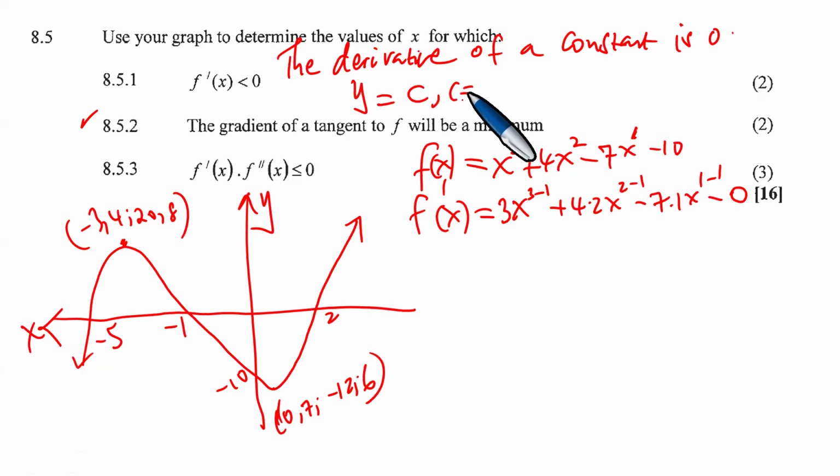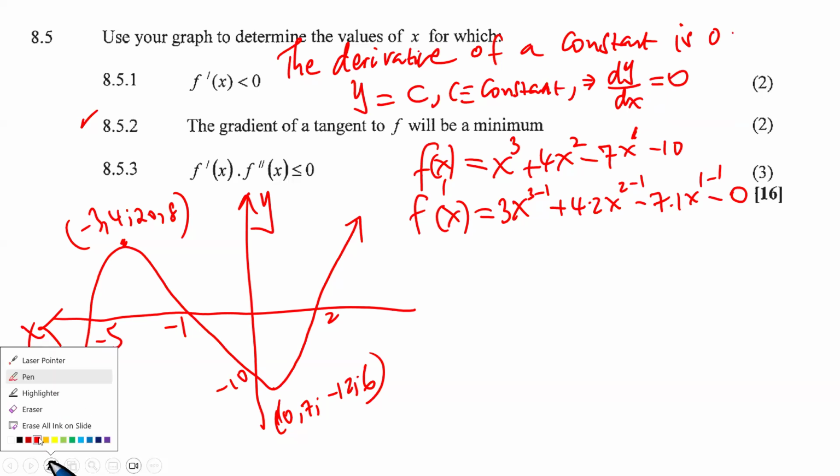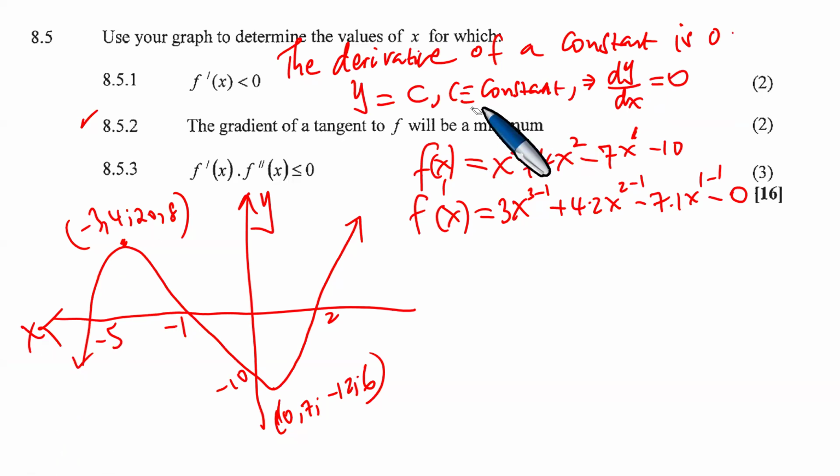This one is recorded. So y equals c, and c a constant, but an algebraic constant, implies that dy/dx equals naught. Just think of this, and make sure you understand that.